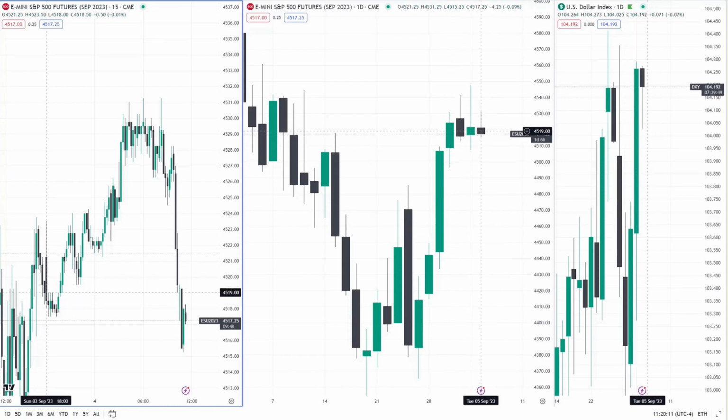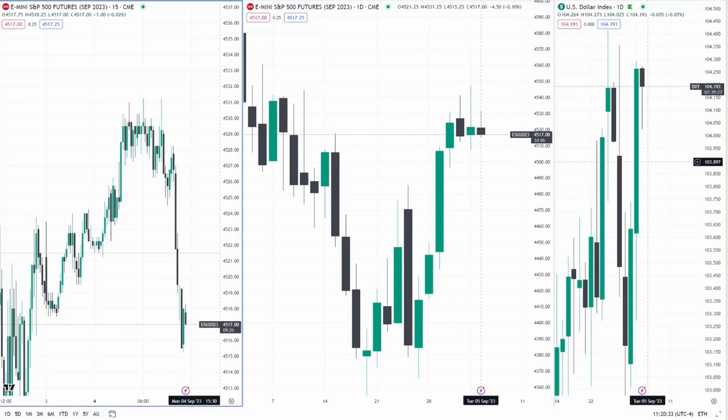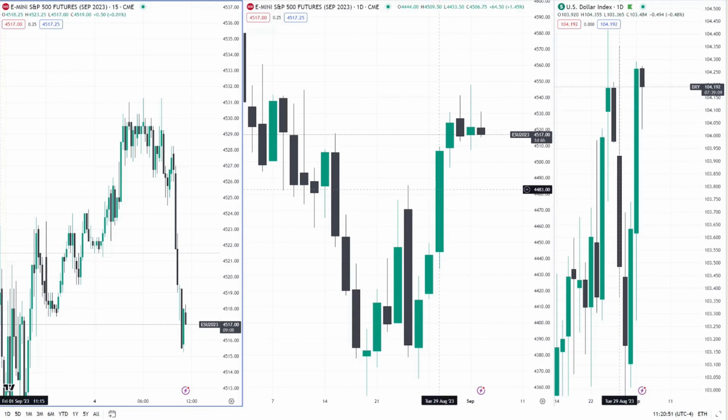So here is Labor Day trading. The right is the dollar, and the dollar basically has us still bullish. As long as that remains bullish, that gives the opportunity for equities this week to at least see if we can retrace back into this bar here, which is last Tuesday's August 29th.